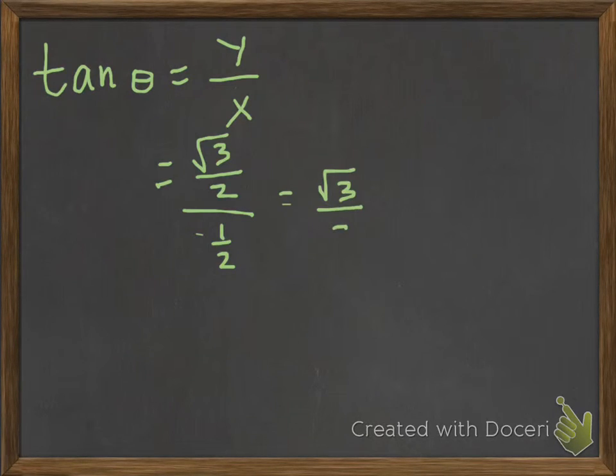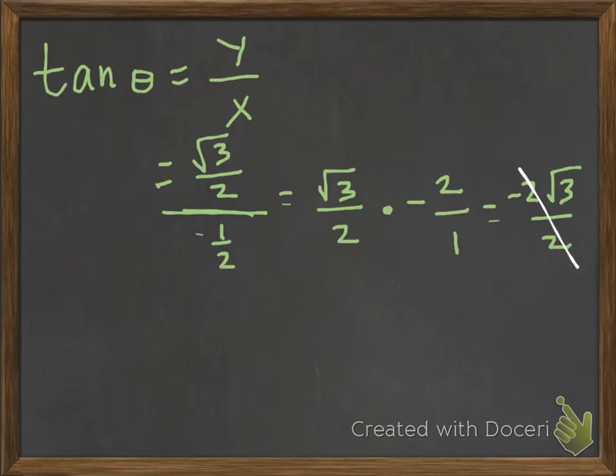So I keep the root 3 over 2 because that's the overall top fraction, and I'm multiplying it by the reciprocal of the denominator. So I have negative 2 root 3 over 2. Notice I have a set of 2's in the top and the bottom, so they can cancel, and I'm left with my final answer of negative root 3.